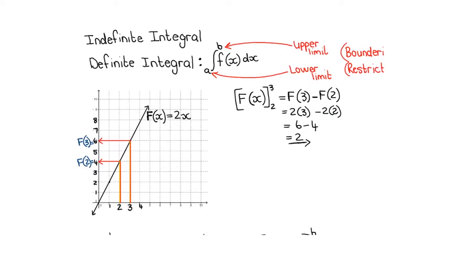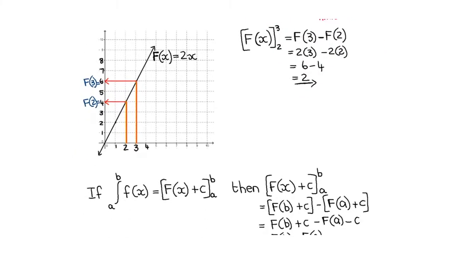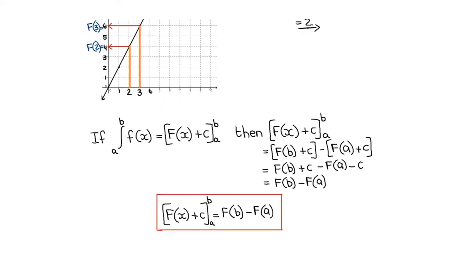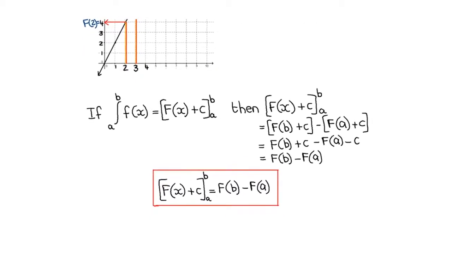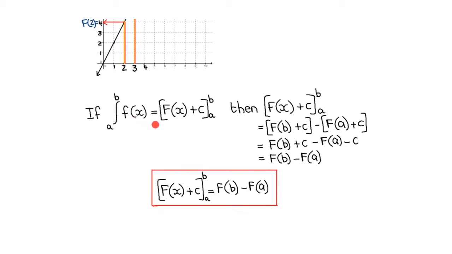So further, you'll see that they say that if the integral of f of x is F of x plus c, because remember the answer of integration always has this constant, and it's restricted between boundaries a and b, I want to show you that if we replace the x with the b first, minus the F of the a, then I'll have F of b plus a constant minus, in another bracket, F of a plus a constant.